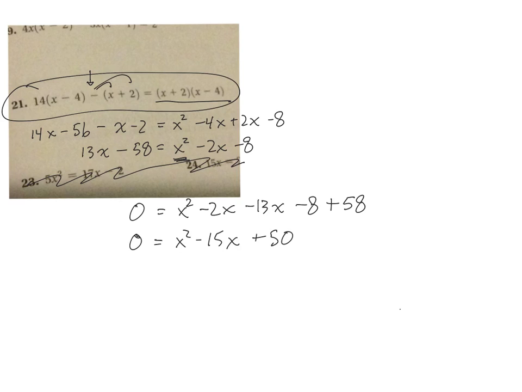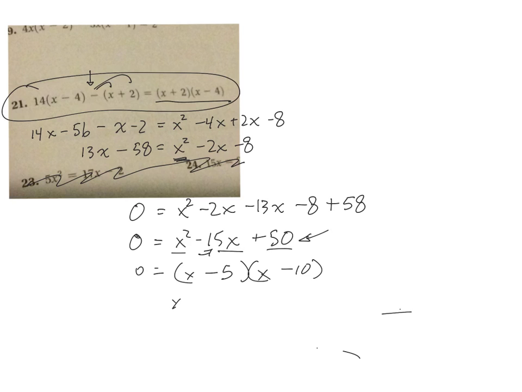So, again, it's a quadratic. This time it has an x squared, x, and a number, so I can try and factor it into brackets like this. I'm looking for two things that multiply to 50 and add to a negative 15. So I'm thinking it's a minus 5 and a minus 10.